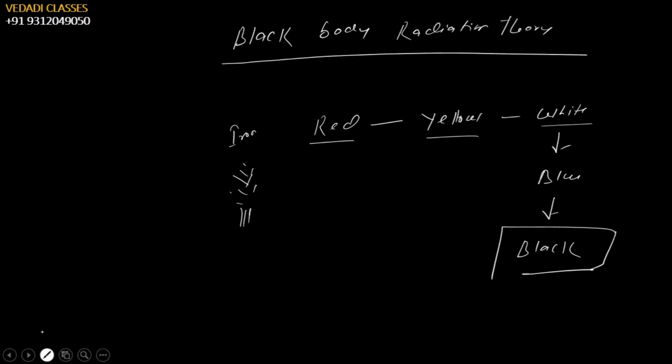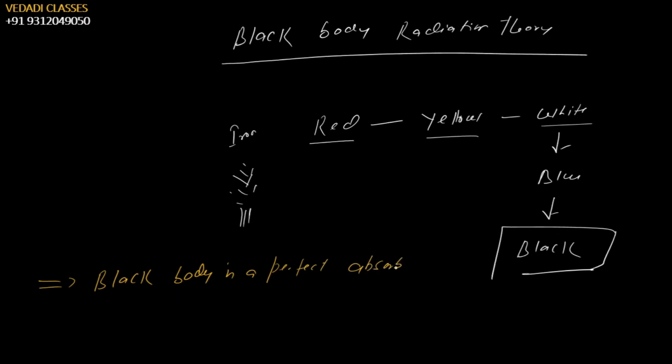Now, there is one more thing. The black body radiation theory states that a black body is a perfect absorber as well as a perfect emitter. Now suppose we take a graph like this.